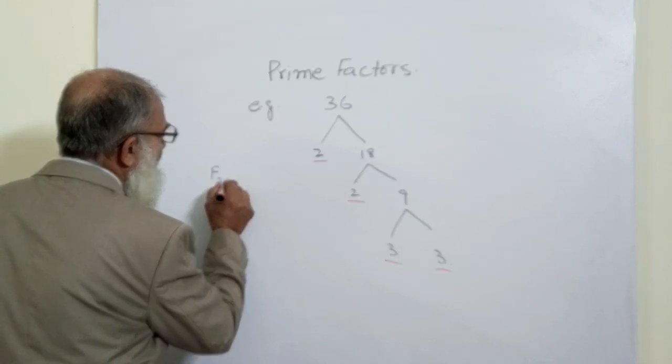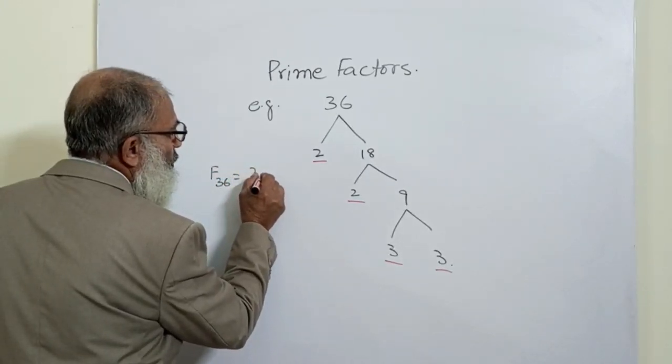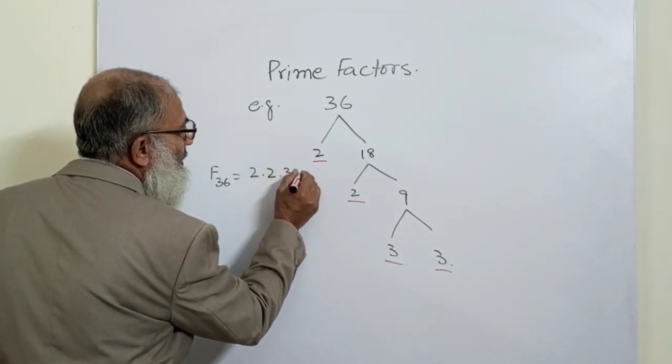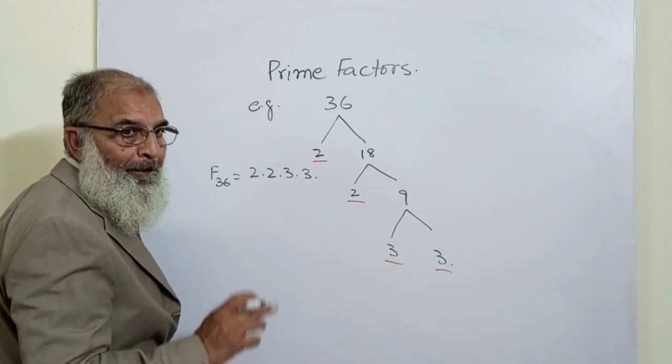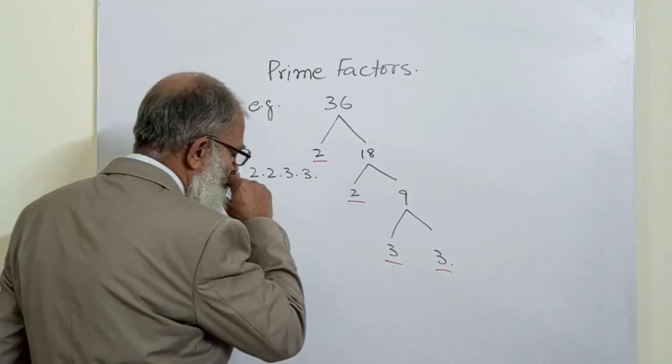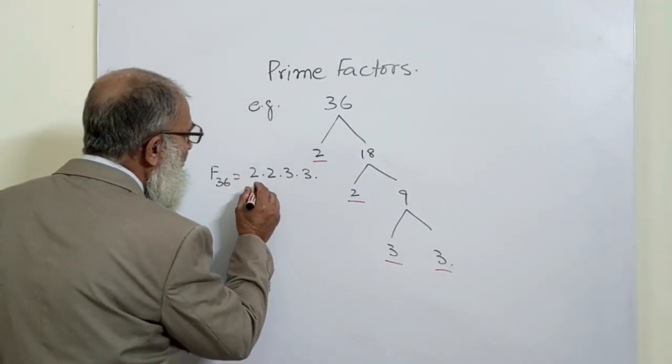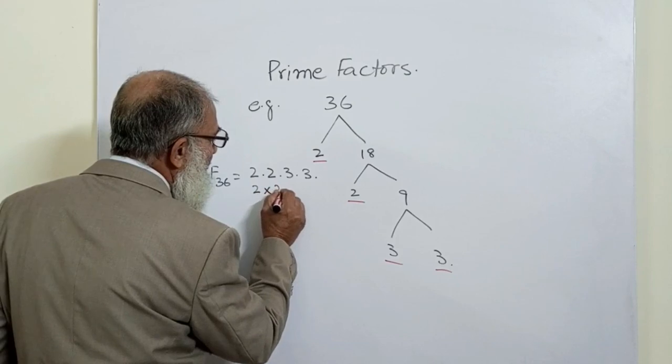F36 is equal to 2.2.3.3. Now this dot stands for multiplication sign as well. You can write it like this as well.